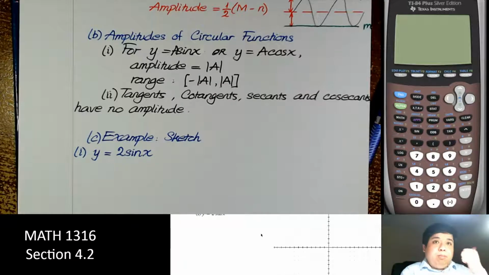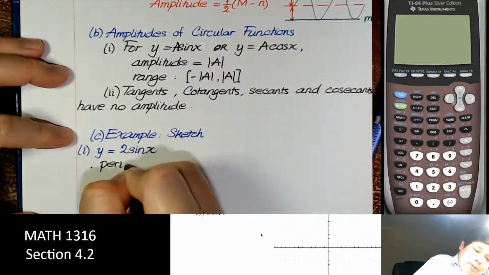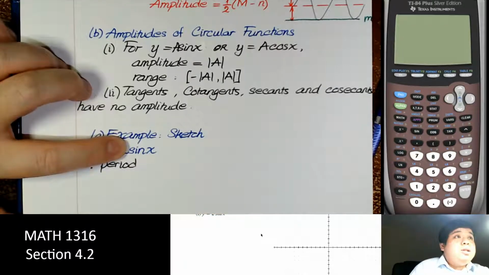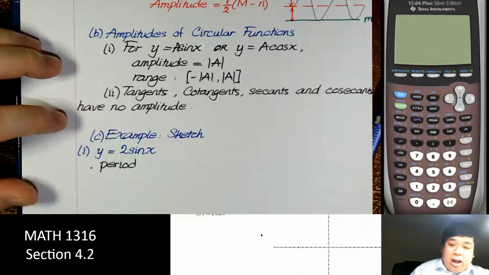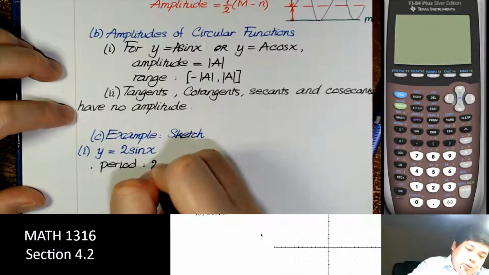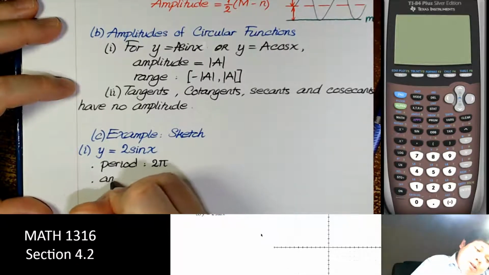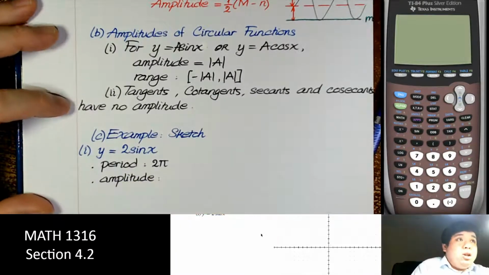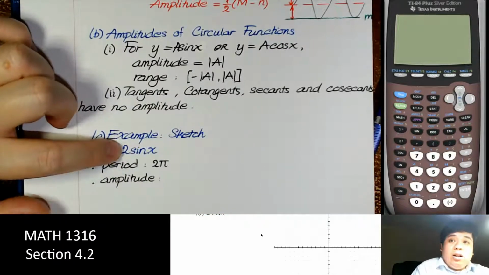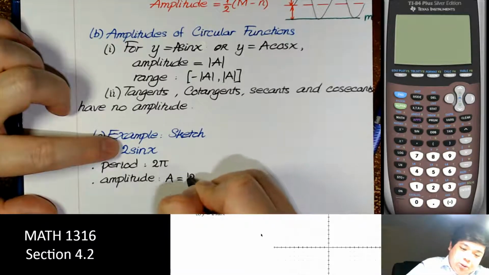All we need is the period and amplitude. But first, what is the period? The period of sine is 2 pi, and the 2 in front of the sine doesn't do anything. So the period is still 2 pi. Right, amplitude. The amplitude is the absolute value of the coefficient of sine, which is the absolute value of 2, which is 2.